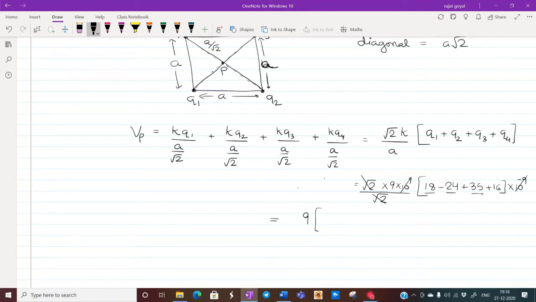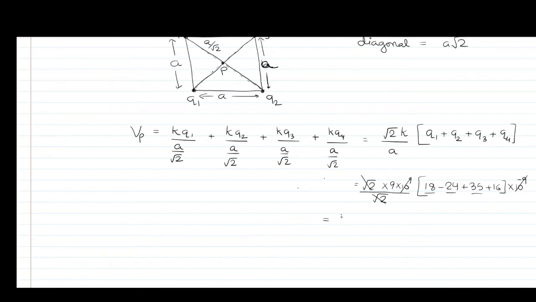Minus 6 plus 35 is 29. 29 plus 16 will be 45. 45 into 9 will be the answer. So 9 5s are 45, again 9 4s are 36, and the answer is 405 volts.